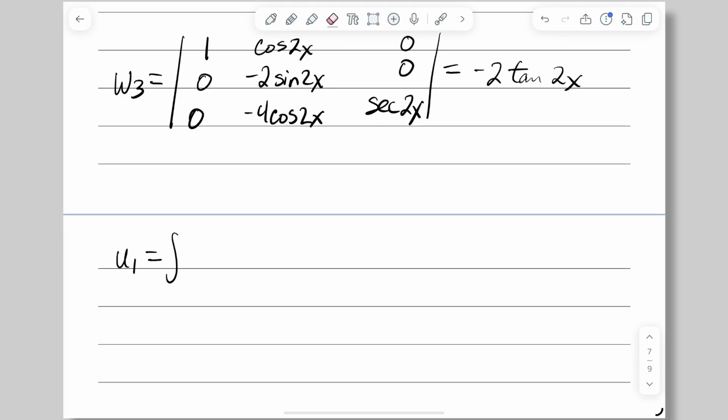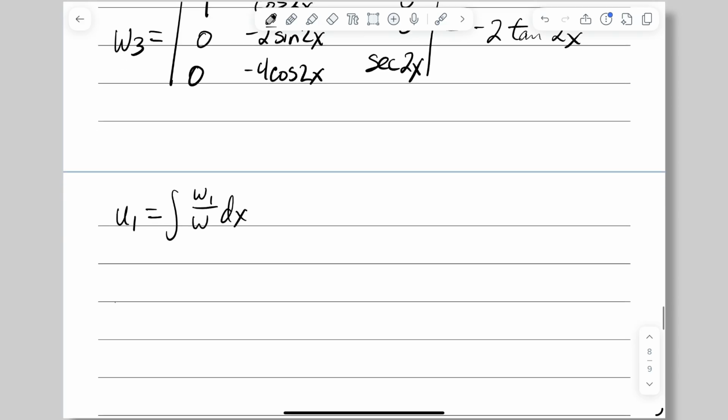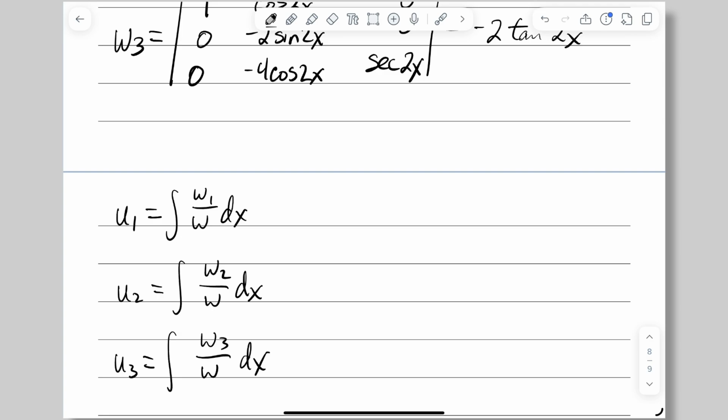U1 is going to be the integral of W1 over W dx. U2 and U3 are what you think they are, W2 over W dx integrated, and then the integral of W3 over W dx, respectively.